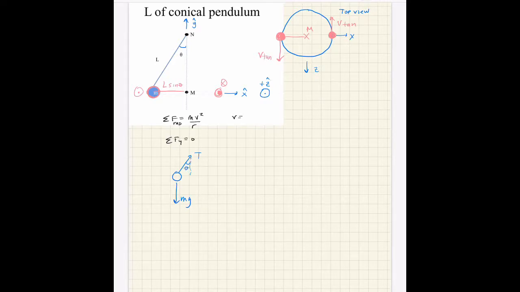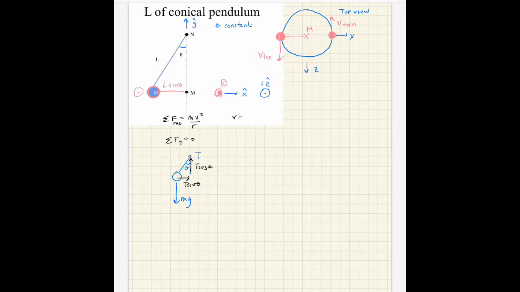So theta is a constant for this whole problem. And it remains fixed and traces out a conical pendulum. It's a conic shape as it moves around in a circle because theta is fixed. Anyhow, I can break up this tension into a component T sine theta radially inward and a component just in the positive y-hat.